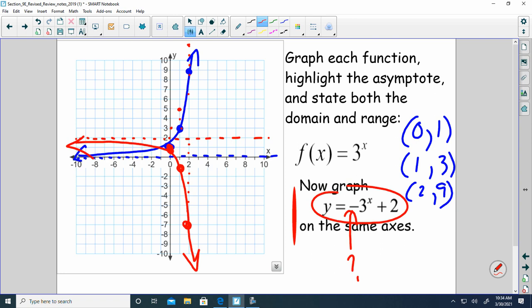It was that far above or below the new asymptote once I shifted it. I think I'm okay, but I hope you are too. Questions about that?